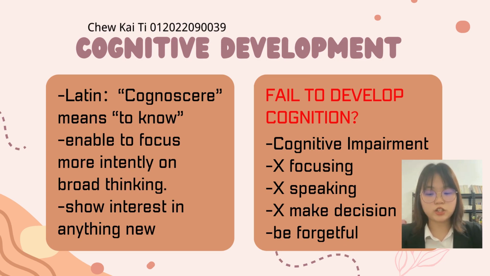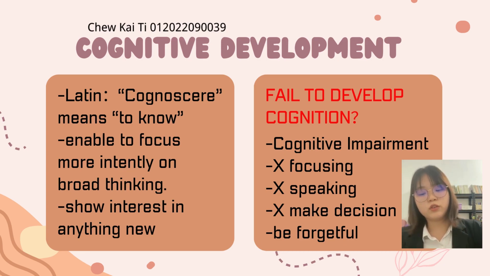Moving to the next part, which is introduction to cognitive development. Cognitive development is very crucial for primary school students, as I said just now. I did some research based on it. Cognitive is translated from a Latin word, cognoscere, which means to know.